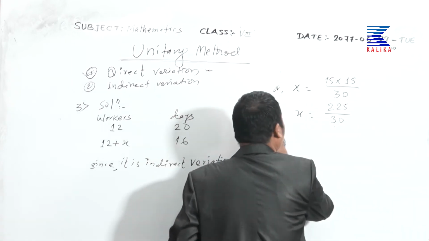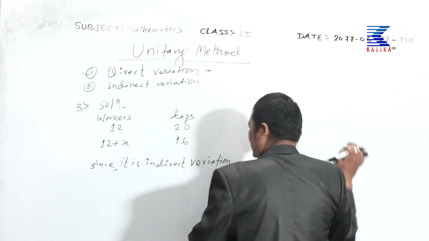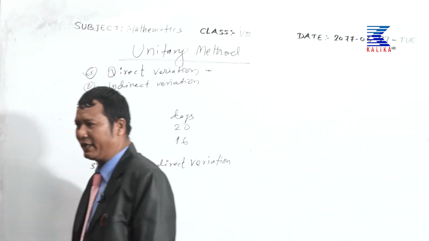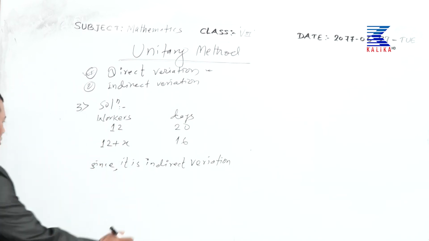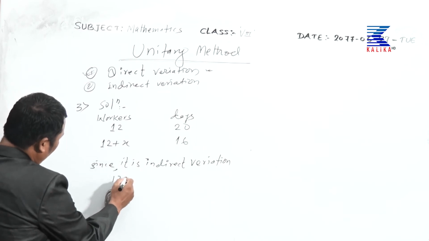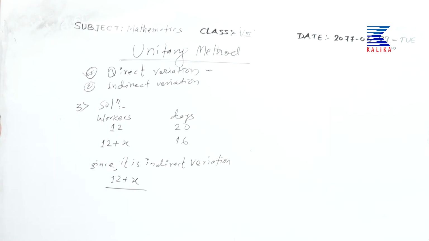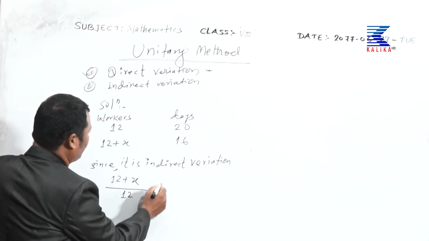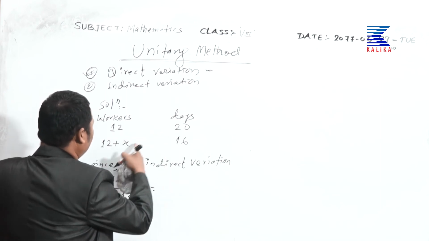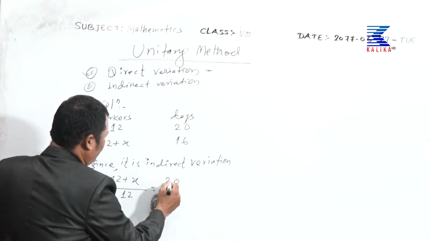Workers and days are always inversely proportional, or indirect variation. So we can write 12 plus x. The unknown part you always write in the numerator: 12 plus x upon 12 is equal to 20 upon 16.